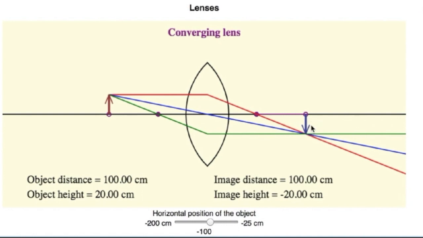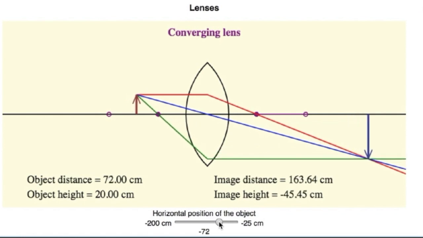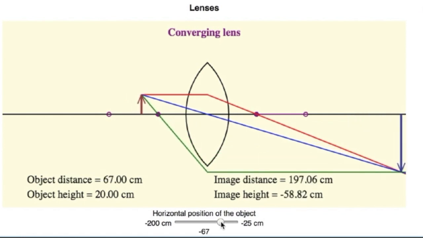And now you can actually start to see this image. It looks like an arrow. It is an arrow. It's just pointing in the opposite direction, and it's showing us the height there. And then we could change the distance a little bit more. We could get it closer, and we could see how that affects the image height.